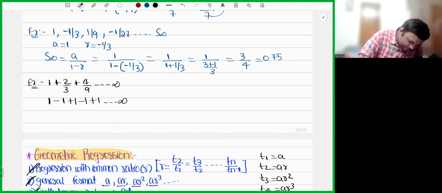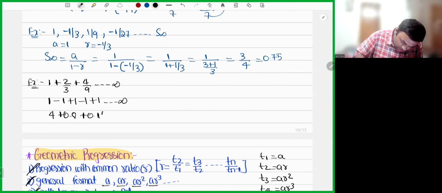Next. This is one question, this is one more question, and 4 plus 0.8 plus 0.16, and so on till infinity.